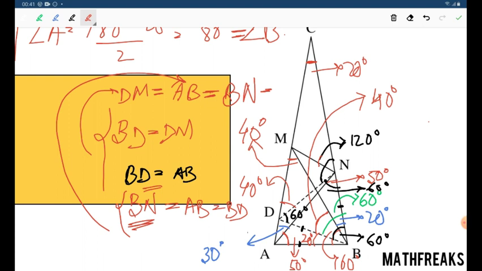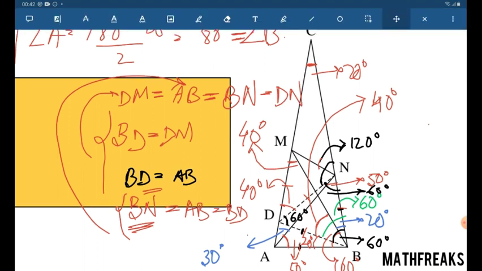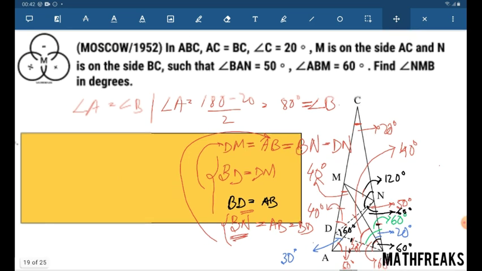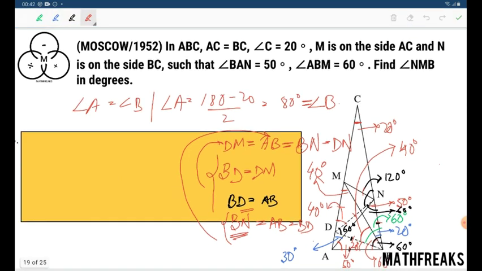Since triangle BDN is equilateral, this DM equals to AB equals to this equals to this equals to this. Yes, DM equals to DN. Now the most important thing we got from this idea of equilateral triangle is DM equals to DN.